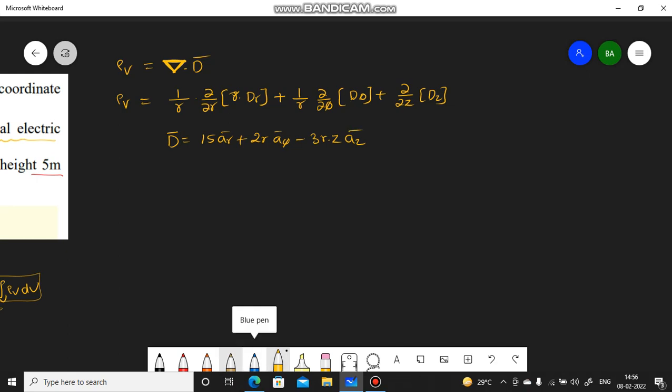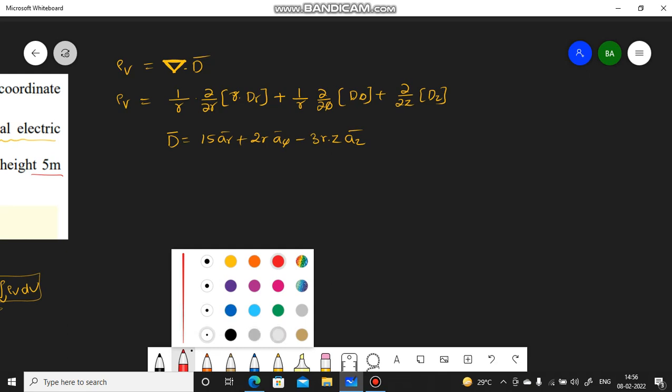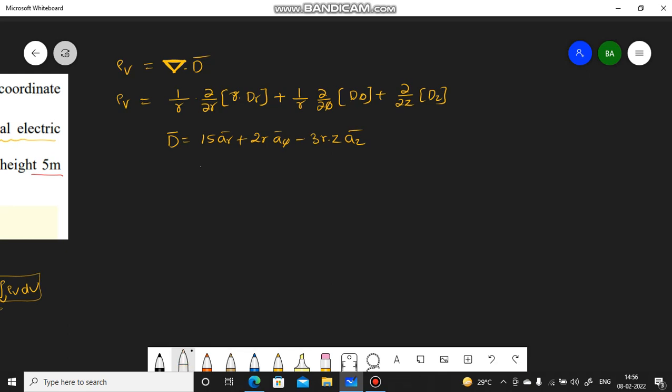So now if we compare this equation D bar with D_r a_r bar plus D_phi a_phi bar plus D_z a_z bar, the values are D_r is 15, D_phi is 2r, and D_z is minus 3rz.